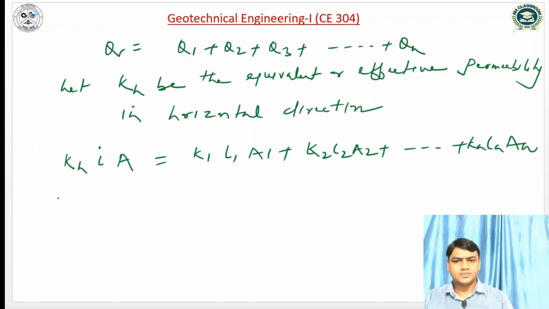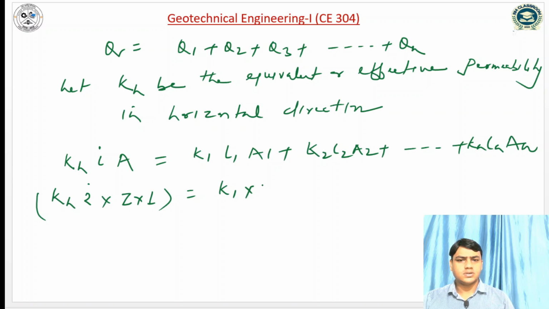So we can write Kh into I into total area, total thickness is Z into 1, is equal to K1 into I1 into Z1 plus K2 into I2 into Z2 plus so on and so forth, Kn into In into Zn.